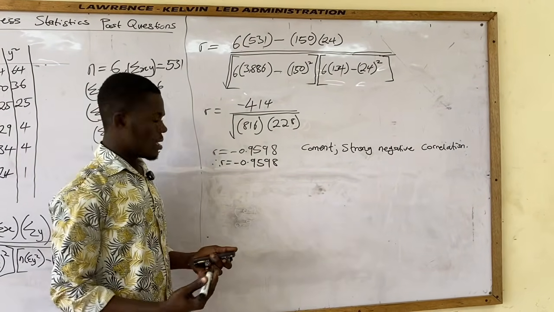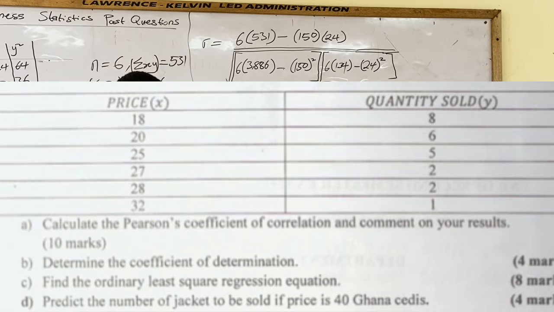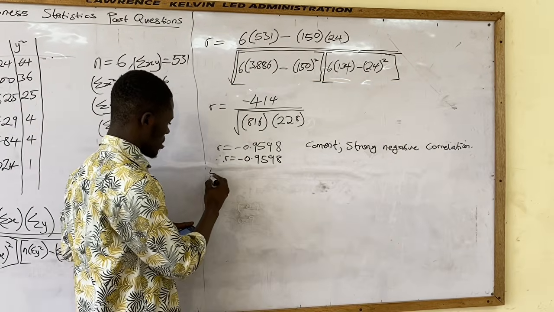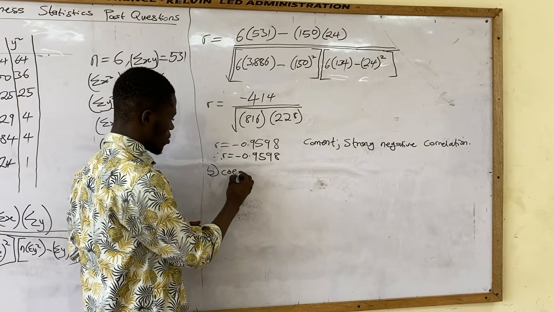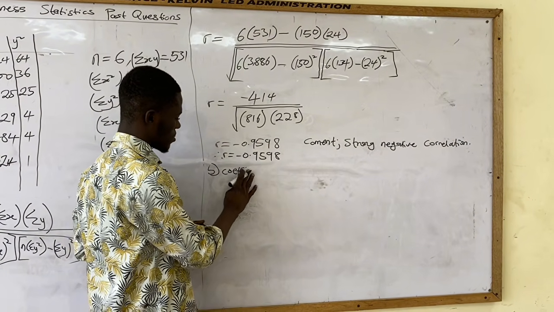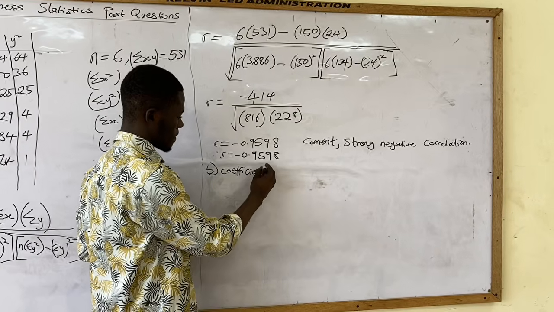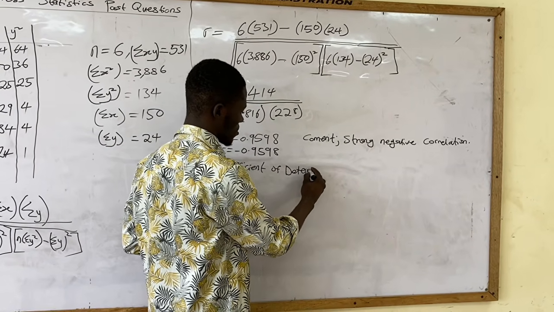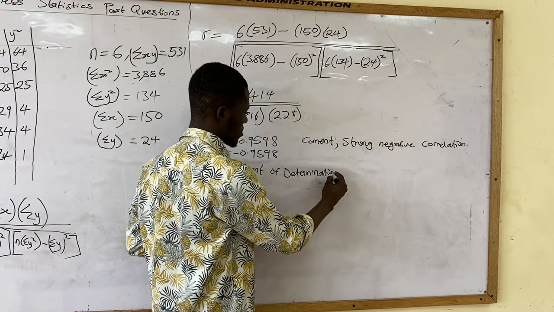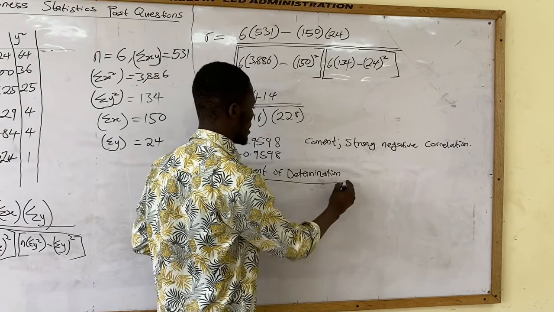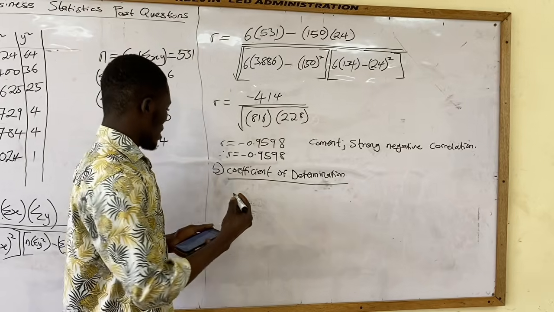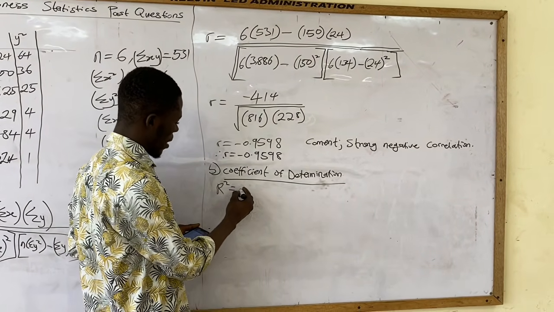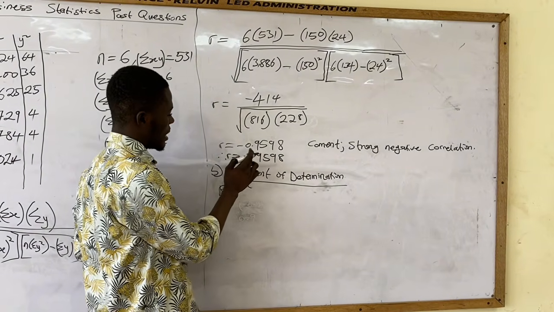Let's move on to B. B says that we should determine the coefficient of determination. The coefficient of determination is capital R squared, equal to our small r squared.